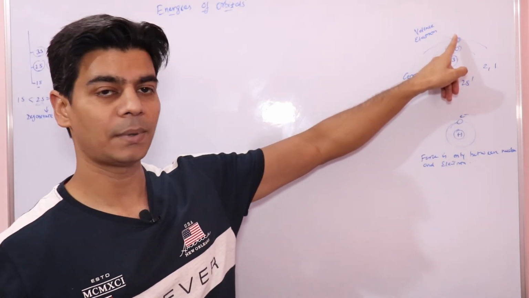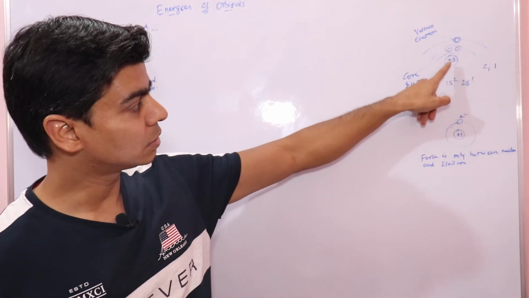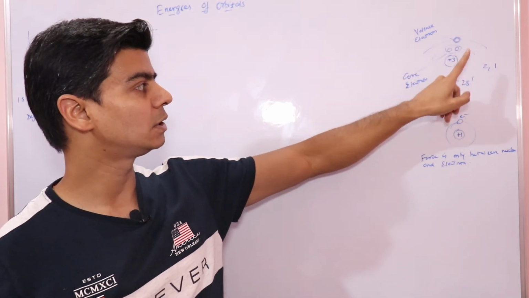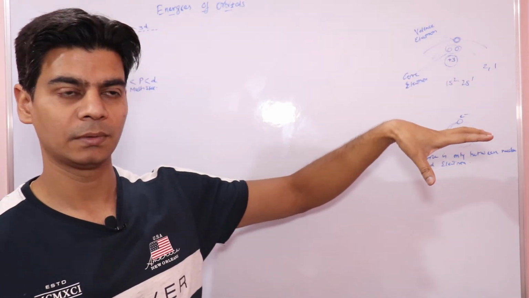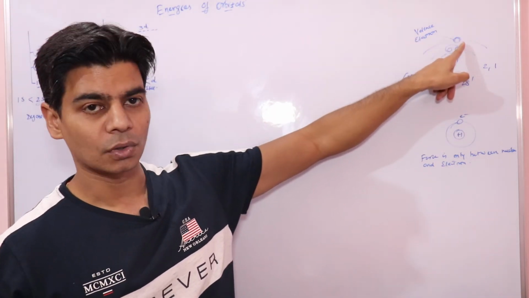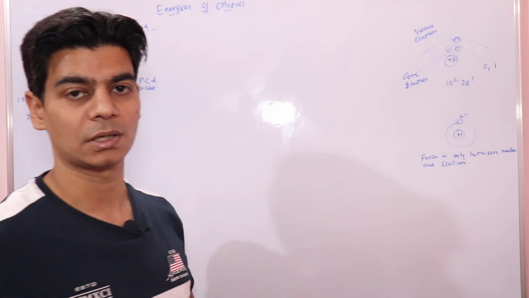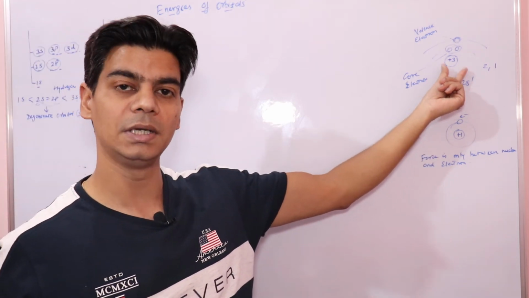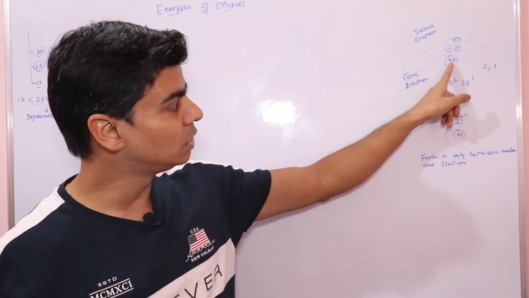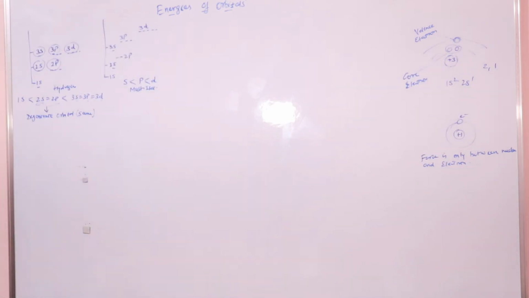Inner electrons apply a repulsive force, and due to this, the force of attraction between the outer electron and the nucleus decreases. So the force applied on the outer electron is less than that due to the full +3 positive charge; it is reduced. The effective attraction by the nucleus is known as the effective nuclear charge.